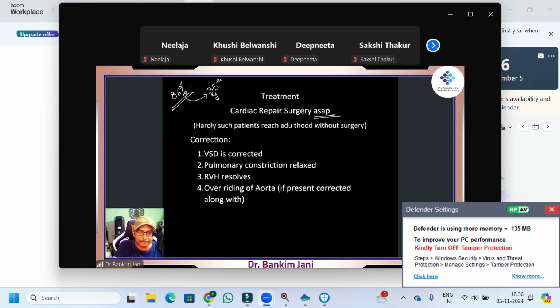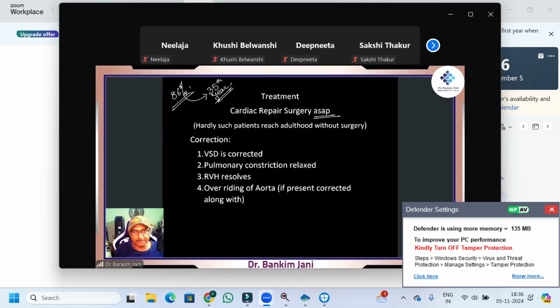They reach the 35th year. After that, it gradually becomes so painful that they pass away. Hardly such patients reach adulthood without surgery. If the surgery is not done, they can't reach even up to 5 or 7 years.